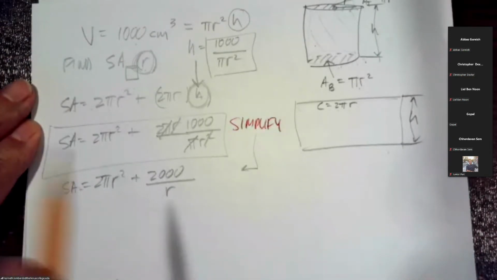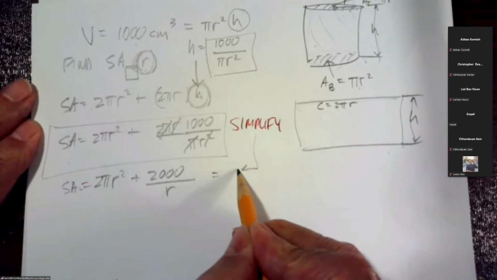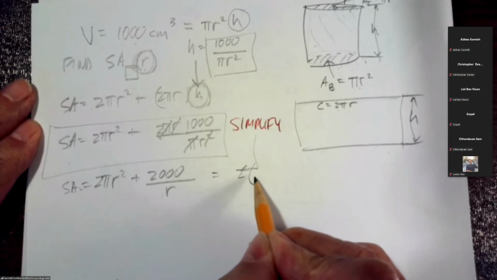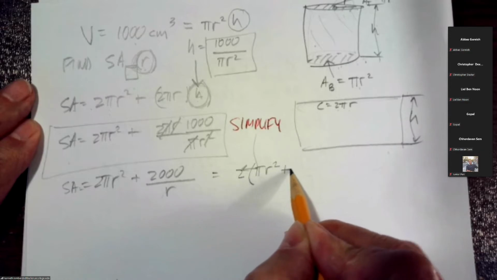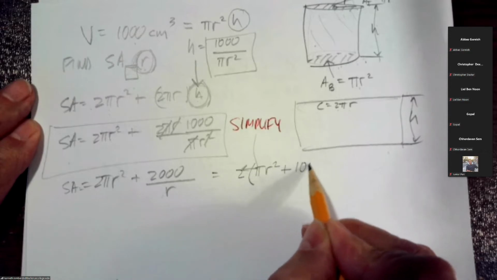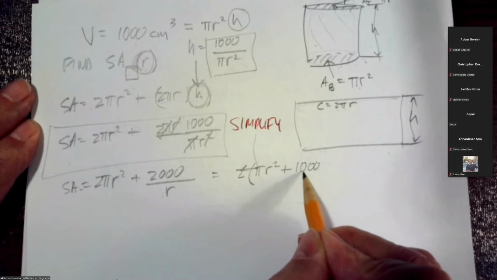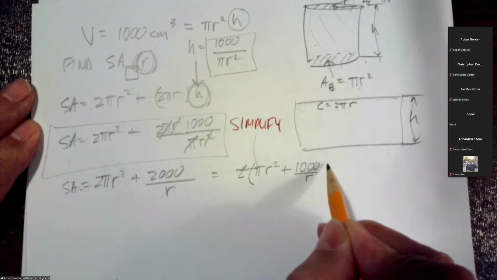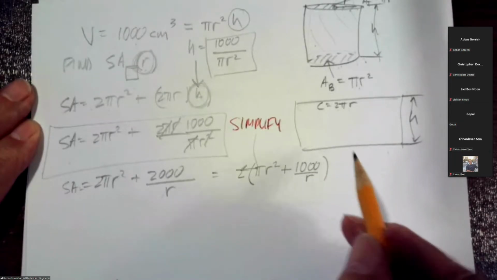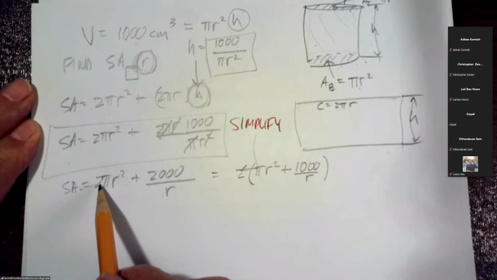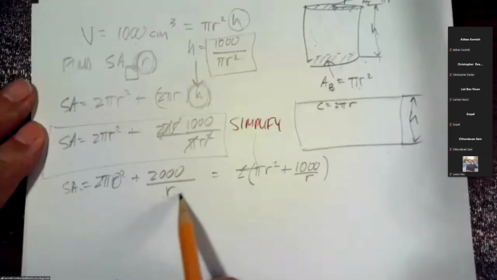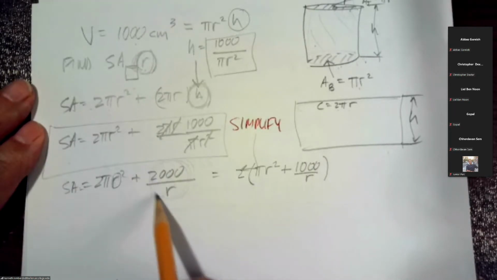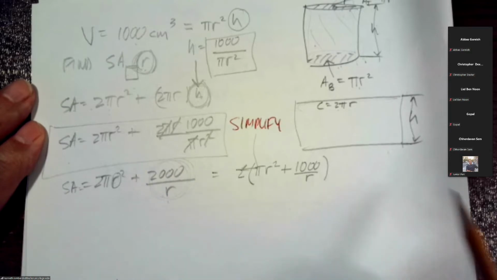Factor out the 2. All right, so you'd want to say 2 times pi r squared plus 1,000 like this. Maybe we can factor out 2r. Factor out 2r. And if you take out the r from here, what do we take out of here on this side? Can we take out the r on this value here as well?